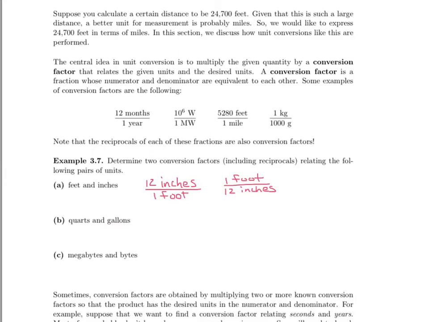So we could say, for example, that there are 4 quarts per 1 gallon, or we could write the reciprocal, that there's 1 gallon for every 4 quarts.